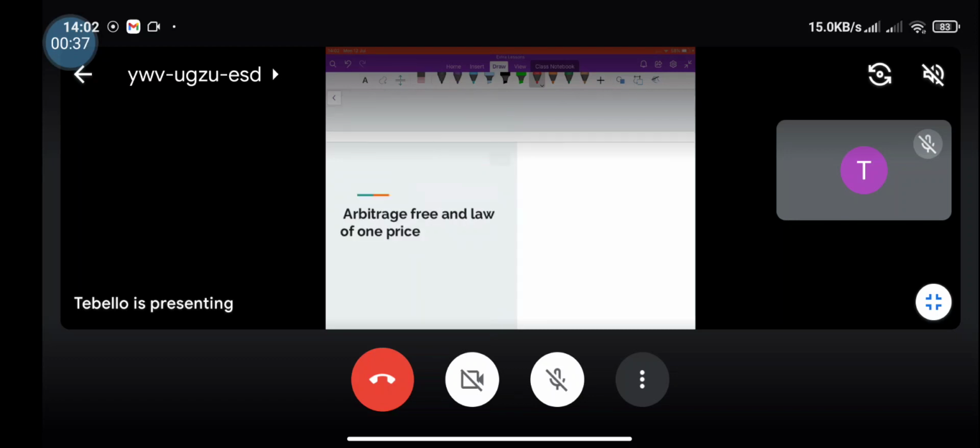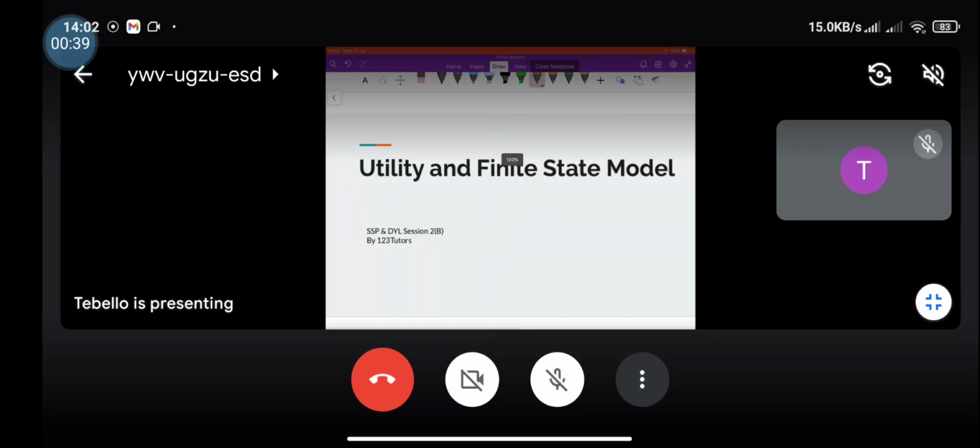Before we can start with this section, do you guys know that maximizing your utility, actually minimizing risk, is the same as maximizing your quadratic utility, right?